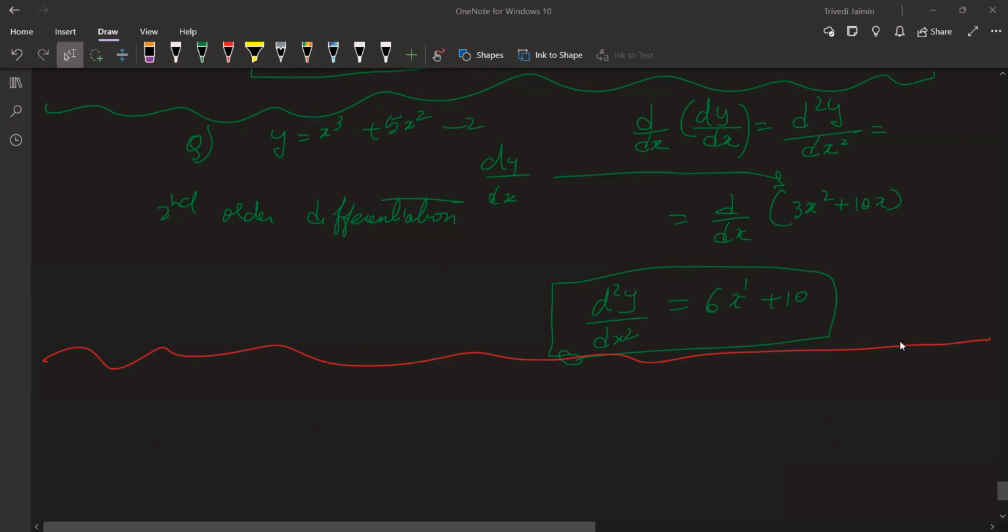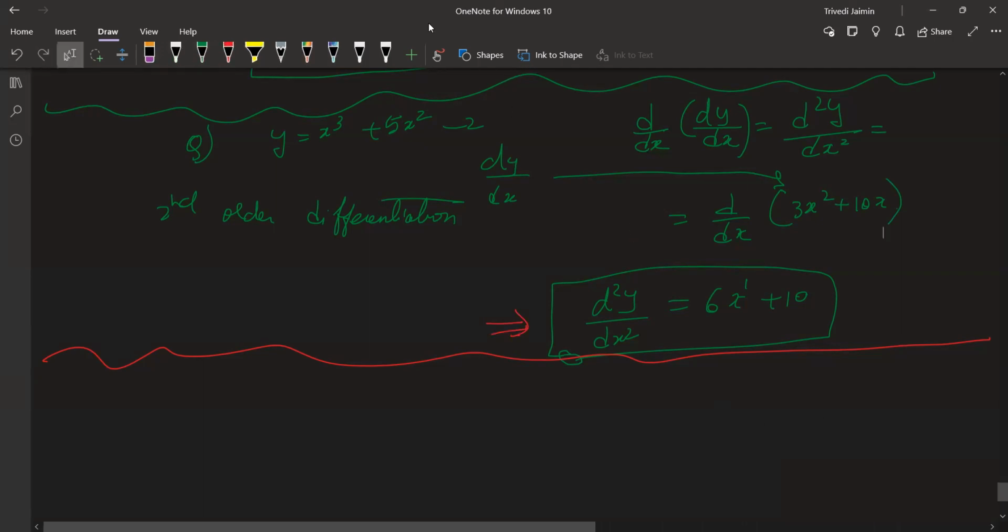Then what's the point of writing d square y over dx square? This shows we have done differentiation 2 times, or this is called second order differentiation. Understood. It's just a notation. Only a notation, no other functionality. No.